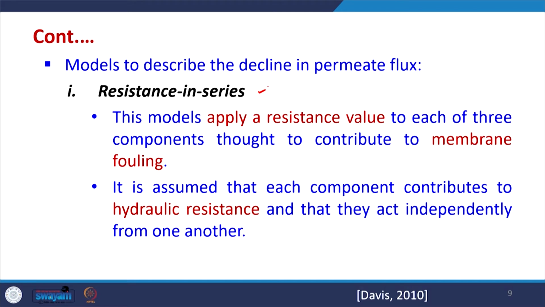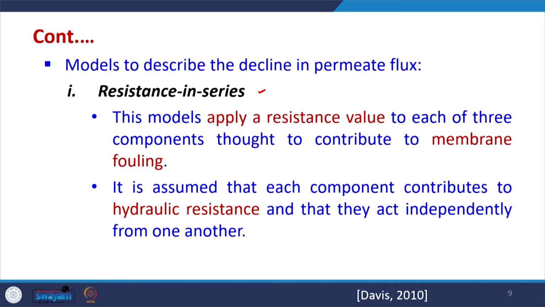It applies a certain resistance value for each of the three components which contribute to membrane fouling, and it is assumed that each component contributes to the hydraulic resistance and that they act independently of each other.